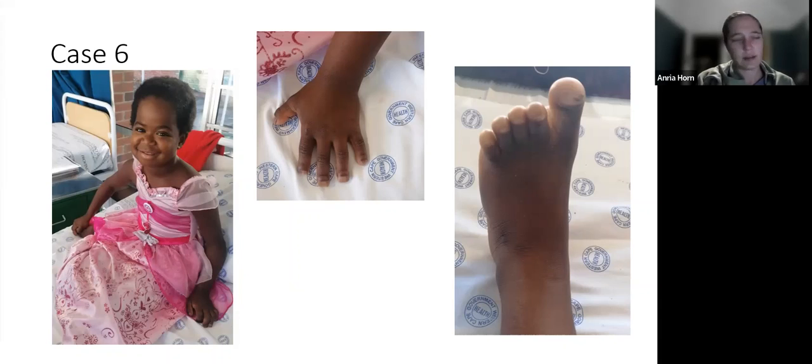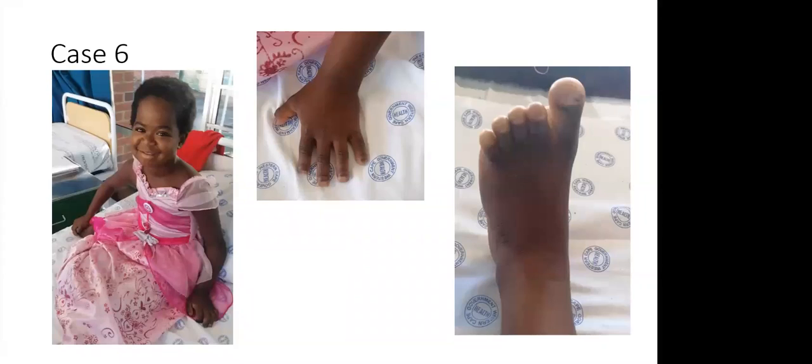How many phalanges? Phalanges 1, 2, 3. She's got five fingers.